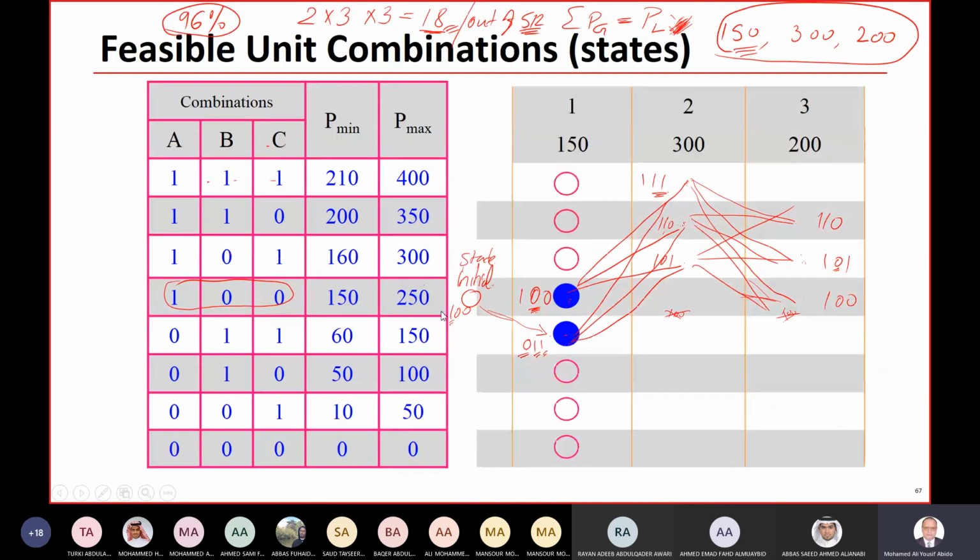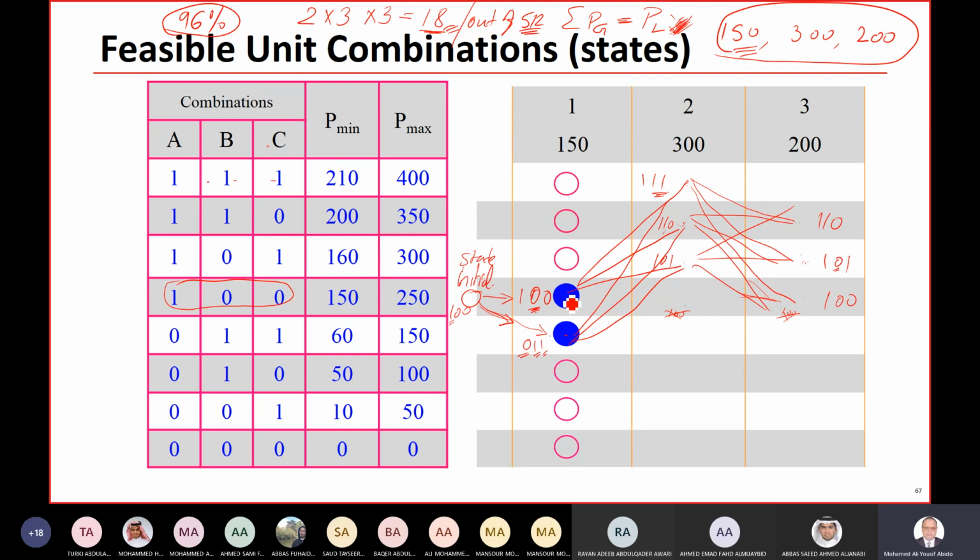So if this is the case, this combination or movement is not feasible. It's not feasible to turn off unit A immediately after one period. So this is an unfeasible movement. If this is the initial state, of course, we can move this way or this way.